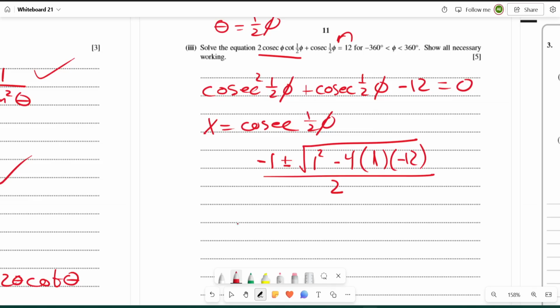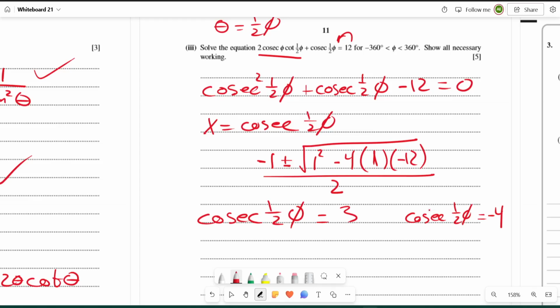So I'm going to get two solutions over here. The first solution is going to be when cosecant half phi is equal to 3, and the second solution is going to be when cosecant half phi is equal to negative 4.